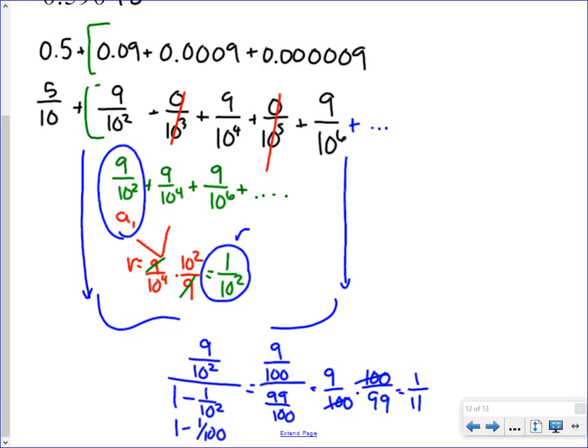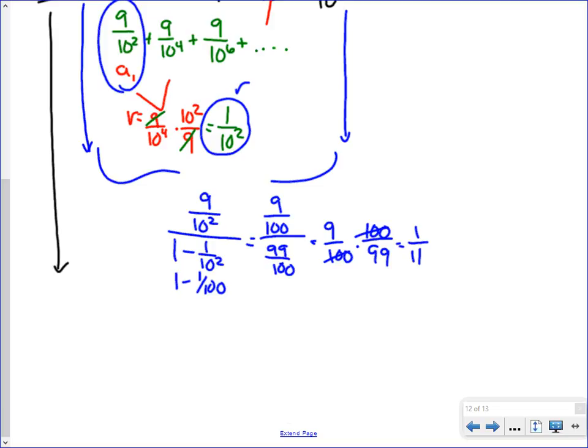And remember, that's not the whole problem, because I had previously said you don't really have to worry about this 5 over 10. So now I'm going to bring that 5/10 down here. It's really 5/10 plus whatever that sum was, 1 over 11. And now I have two fractions that I need to add.